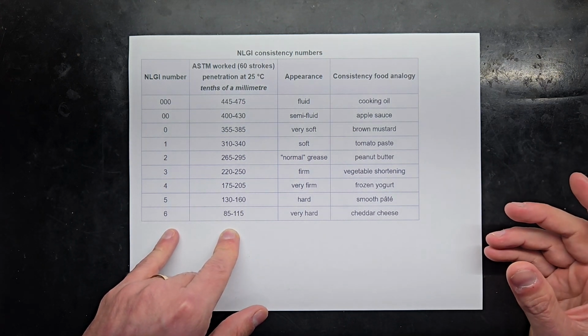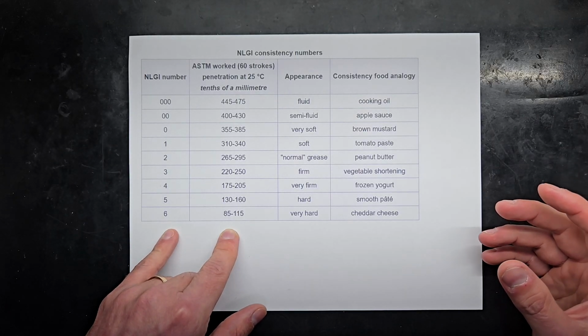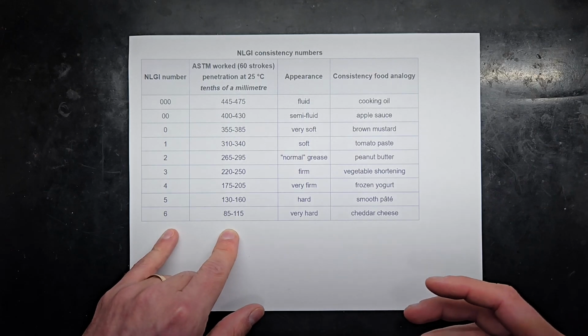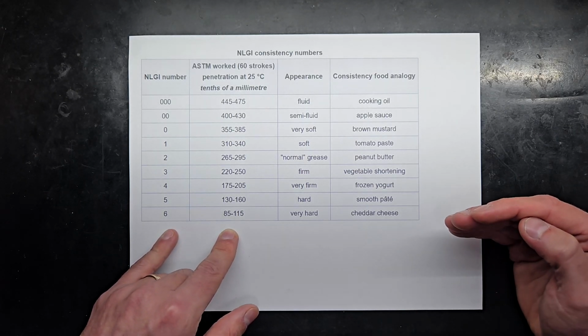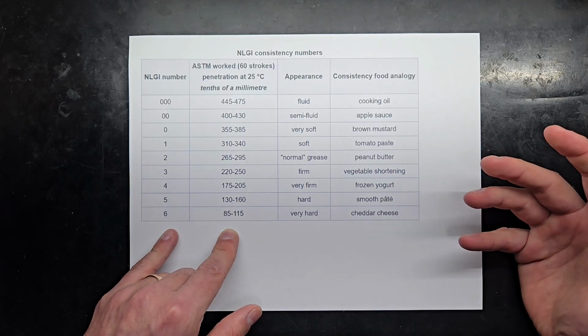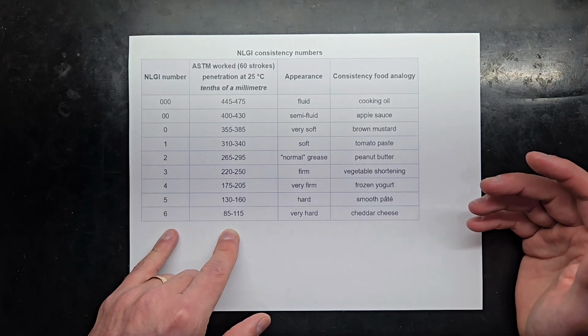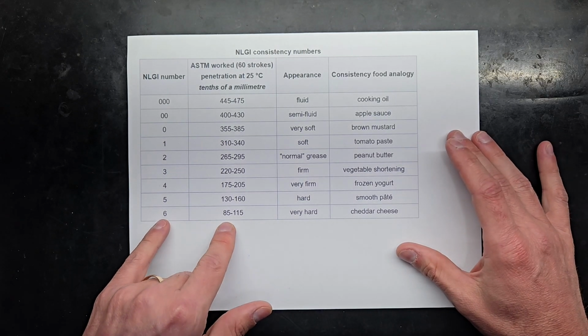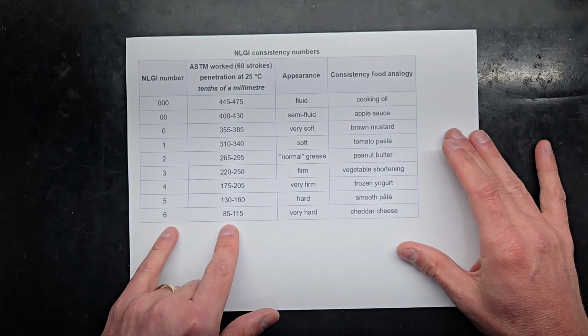It's more the grease's ability to react a force. So the deeper the cone goes into the grease, you need more area to offset that force of gravity to support the cone. So although it's akin to viscosity, it's not exactly the same thing.